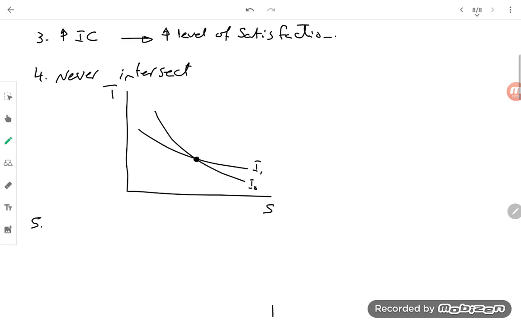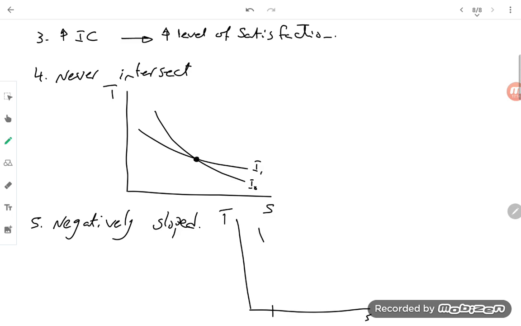Number 5, they are negatively sloped, which means if you would like to increase consumption of S from S1 to S2, you have to decrease quantity consumed of T from T1 to T2.